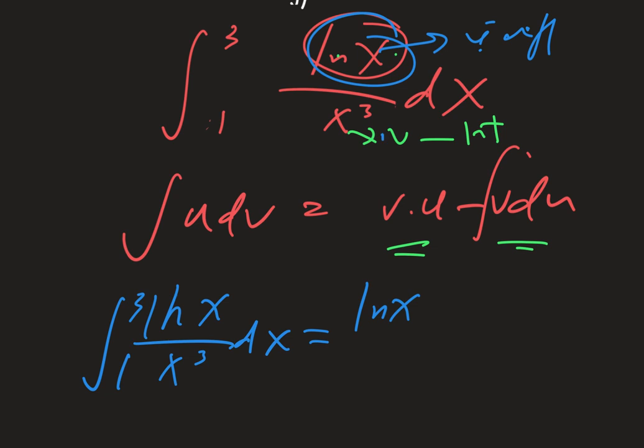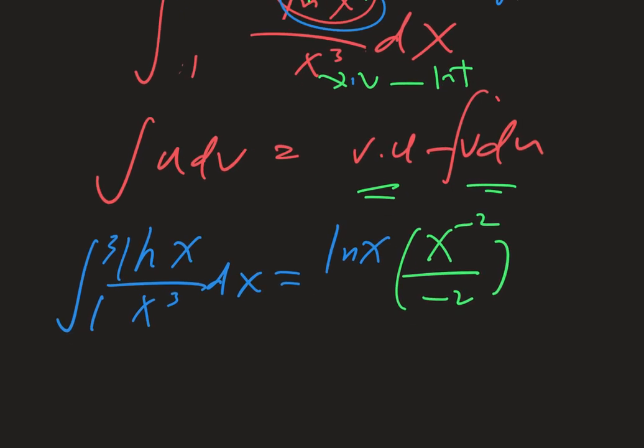When you integrate it, it becomes x to the power of minus 2 divided by minus 2. Anything wrong with that? This is x to the minus 3. So we integrate, it becomes x to the minus 2 over minus 2. And if we differentiate it, it becomes x to the minus 3. Correct?